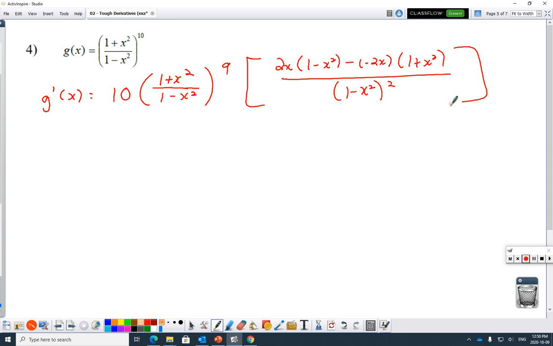Did I do it right? Derivative of the top times the bottom, minus derivative of the bottom times the top, all over the bottom squared. And you see, no crazy exponents in there. A pretty nice little expansion I have to do here inside. Nothing too much work.